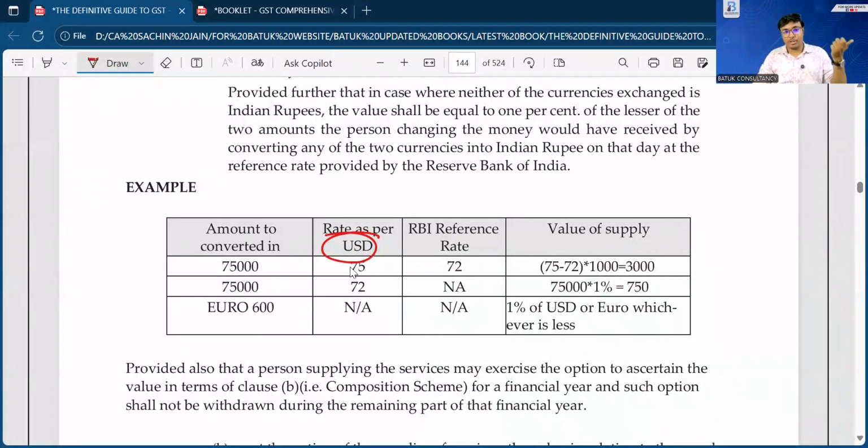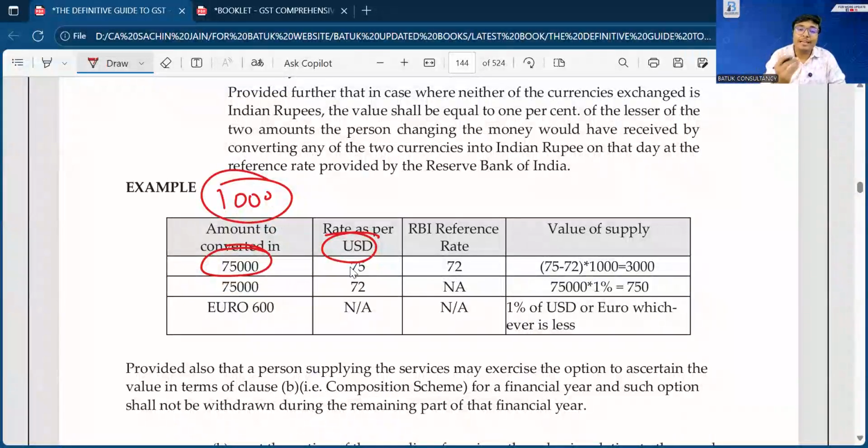Both are available. Suppose I want to convert 75,000 rupees into USD. I will get 1000 USD, since I have 75,000 rupees and USD is 75 rupees.